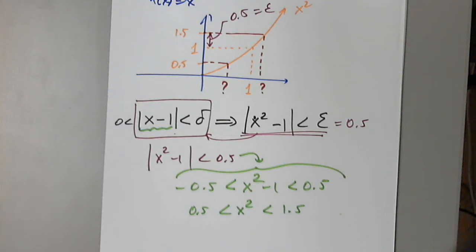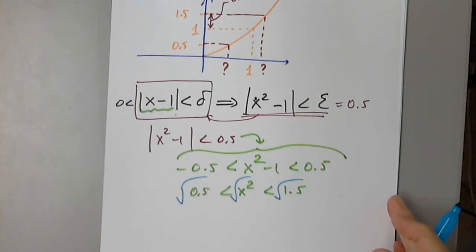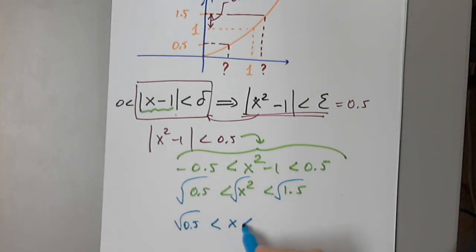And everything is positive. This is positive, this is positive, this is positive. This is a double inequality, if you want. And I'm not allowed to take square roots, but since they all are positive, I am. So then the square root of 0.5 is less than x is less than the square root of 1.5.